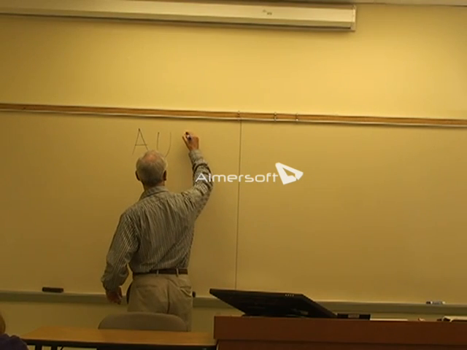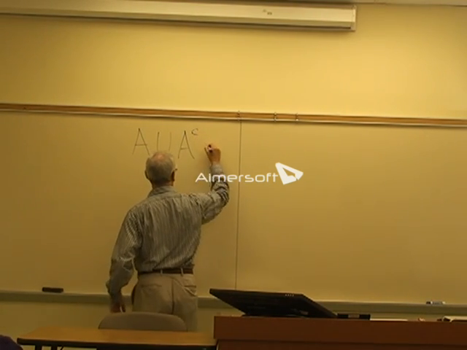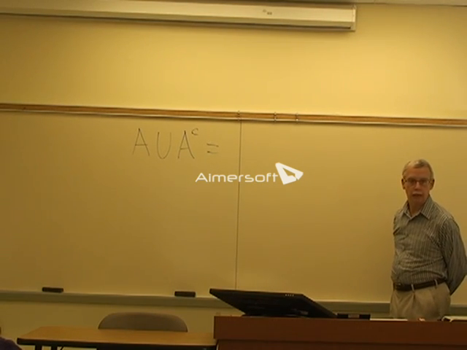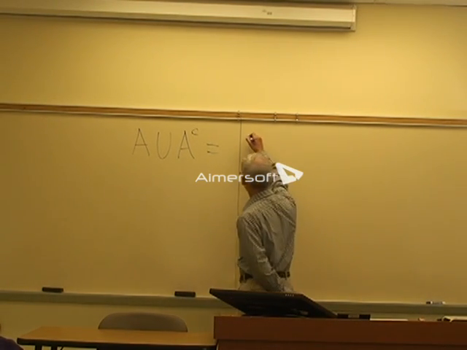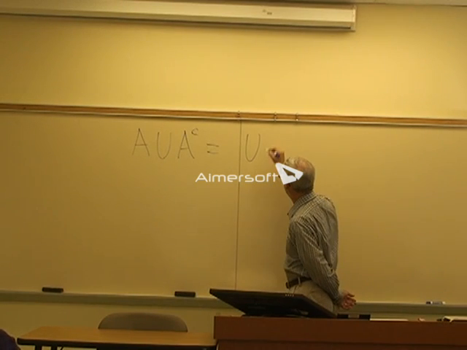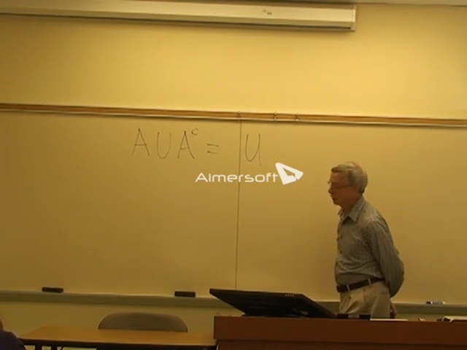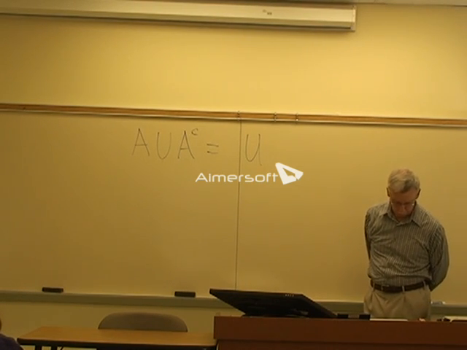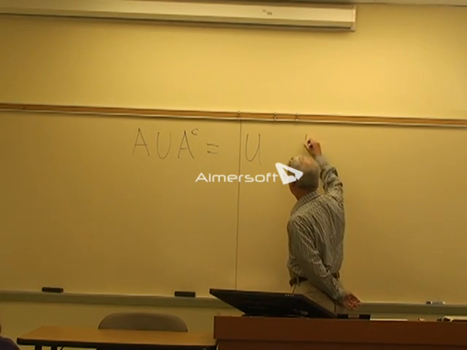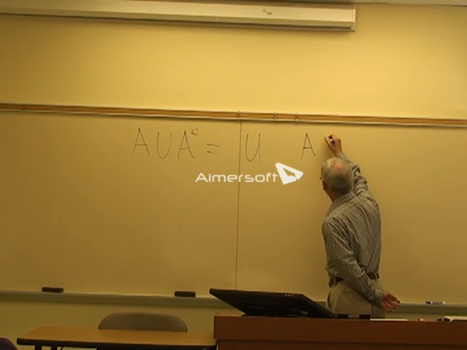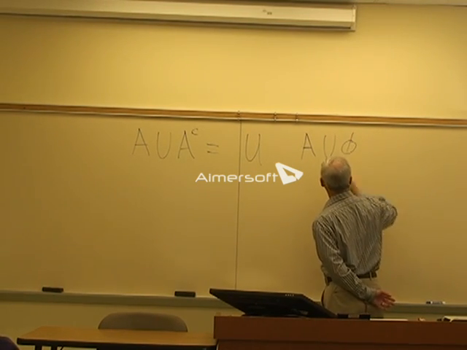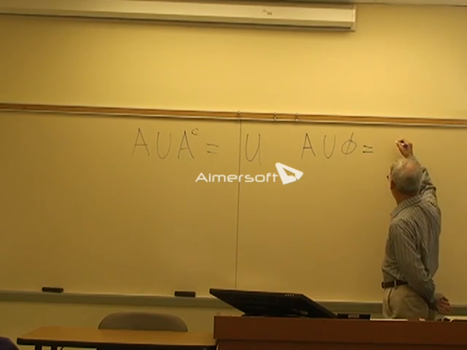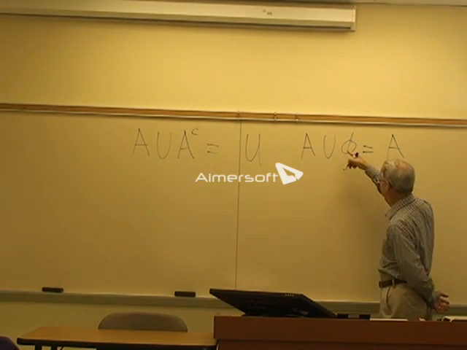If I take the union of A with its complement, what do I obviously get? Everything. I get the whole box, the universe. And if I take A and union it with the empty set, what do I get? A, sure. Because I add nothing, right?